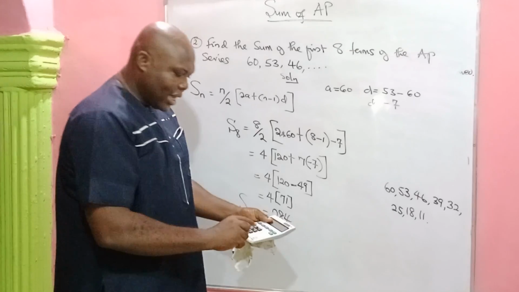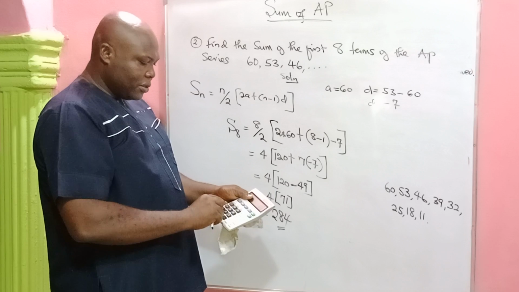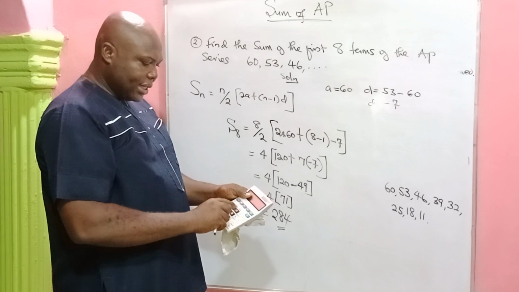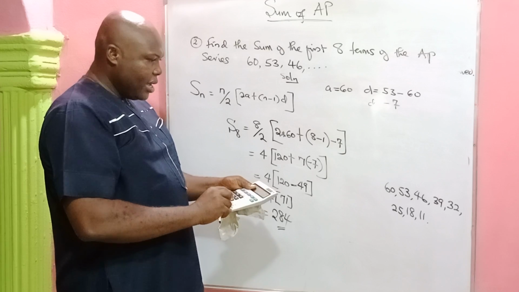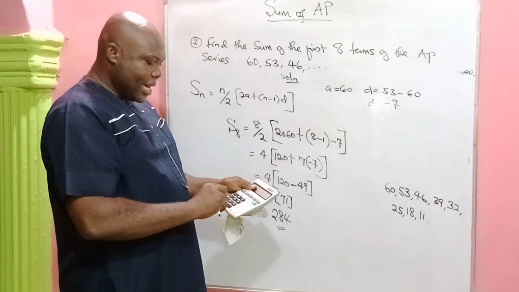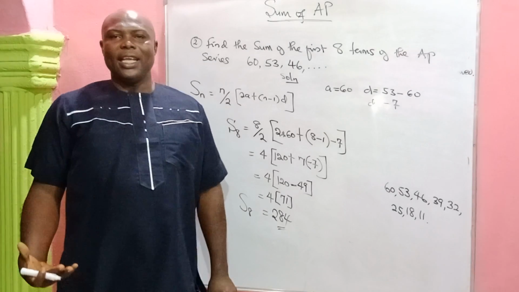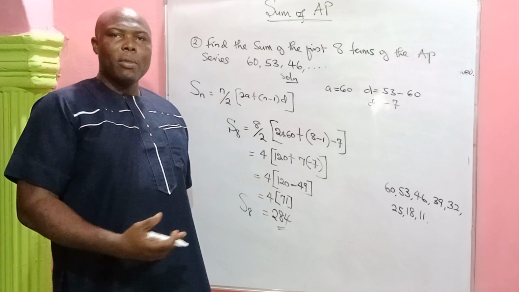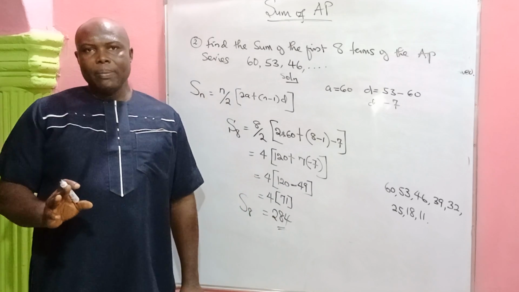Okay, so it means that if you take 60 and we add 53 and then add 46 and then add 39 and then add 32 and then add 25, then add 18 and then add 11, we'll have exactly 284, which is the sum of the first 8 terms of the series. So it's that simple.